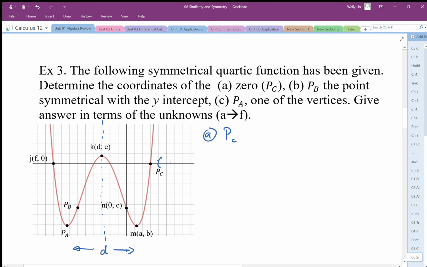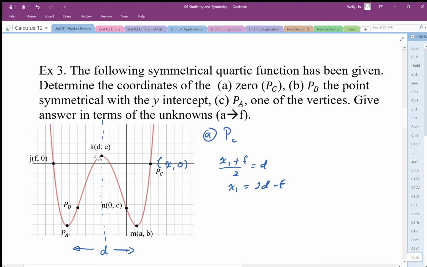I'm going to call this point x1, 0, and I know that this point D is the middle of F and x1. So I'm just going to do this, x1 plus F divided by 2 equals D. Then just solve for that x. I get 2D minus F. There's the same coordinate that I got in a much more complicated way.